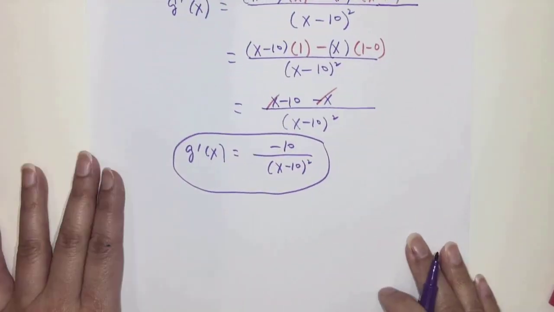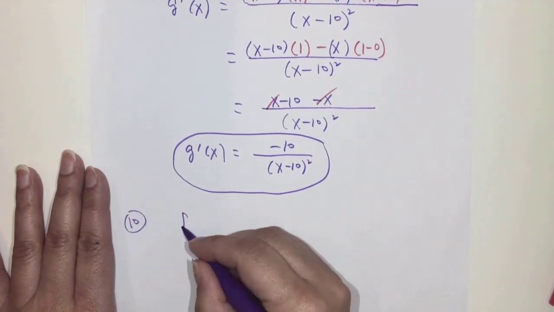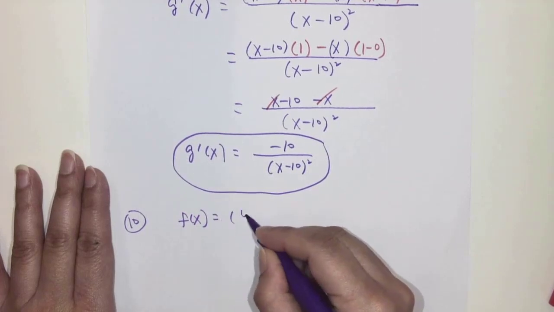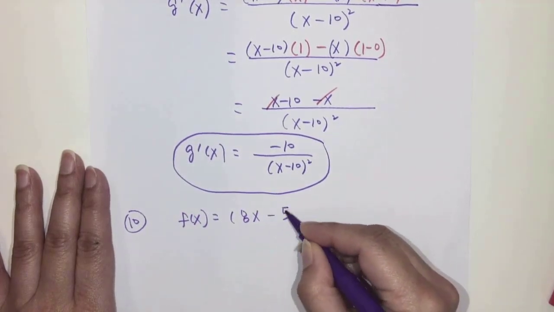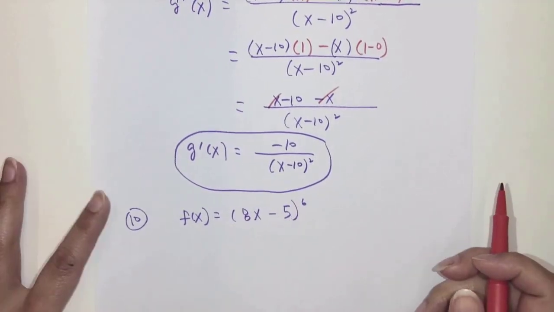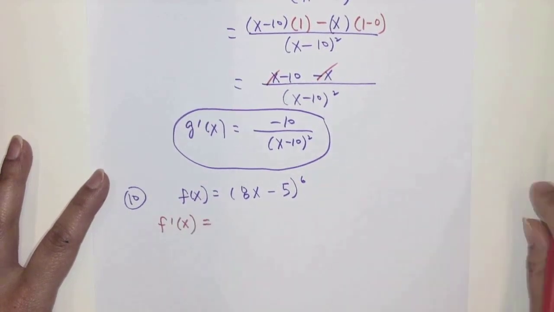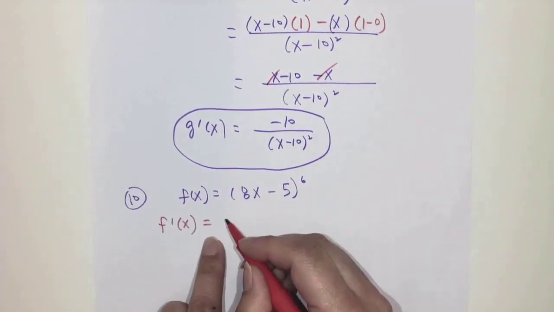Are we okay? Alright, so number 10, we have the function equal to 8x minus 5 to the 6th power. So this one would be a chain rule because it's like a function in here and raised to a power, right? So for the f prime of x we're going to need to do the outside part first, which will bring down the 6.